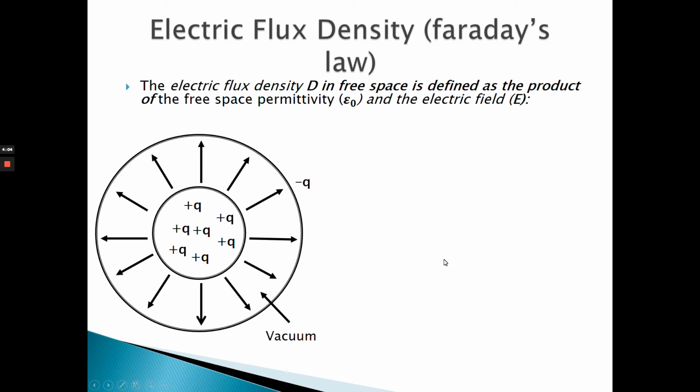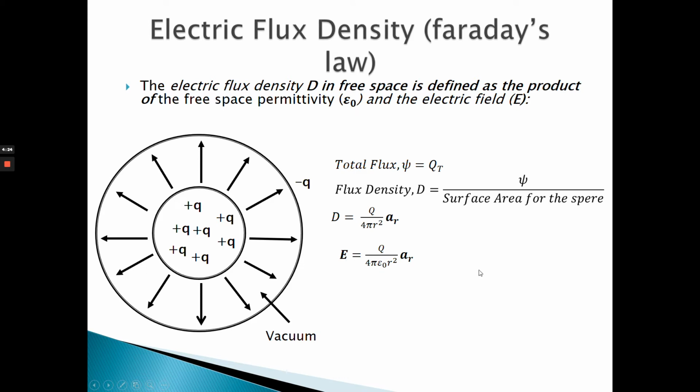Faraday said that the total number of flux lines is equal to the number of charges. If there is one charge, you will have one flux line, and so on. So the total flux psi is equal to Q total, the total charge.